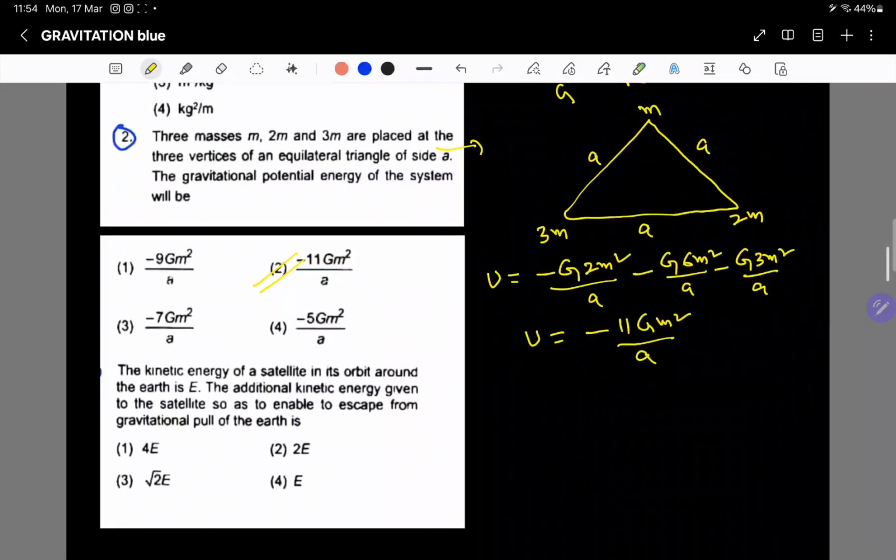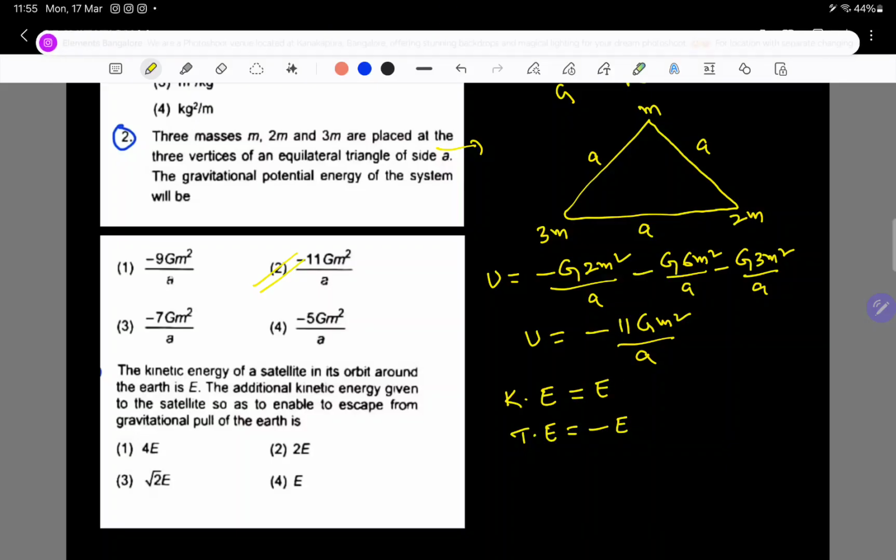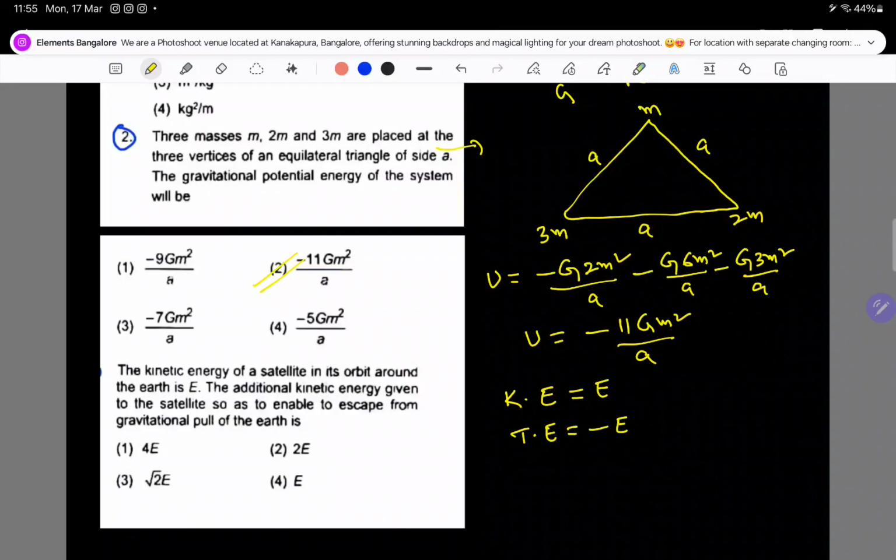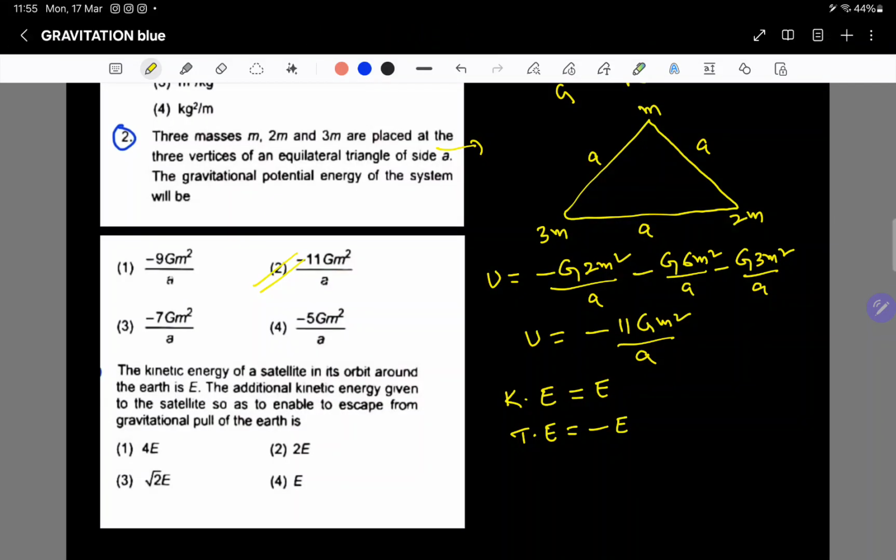Okay, students. Next, the kinetic energy of a satellite in its orbit around the earth is E. Kinetic energy is given as E, students. The total energy is minus E, the negative of the kinetic energy. How much additional kinetic energy must be given to the satellite so that it escapes from the gravitational pull of the earth? Very important.